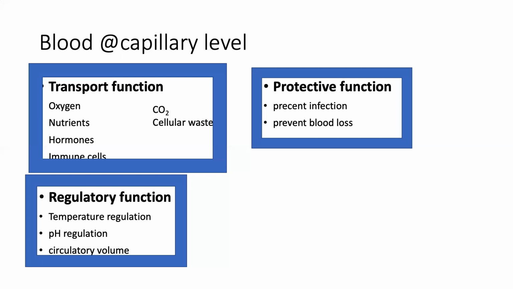And blood contains platelets, and even if a blood vessel is punctured, the platelets will adhere to the blood vessel wall and stop the bleeding. And therefore, these three functions are important.